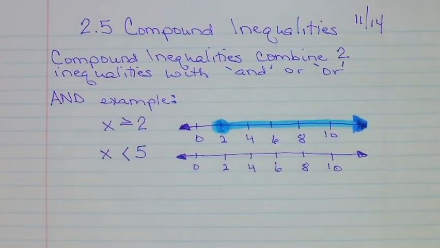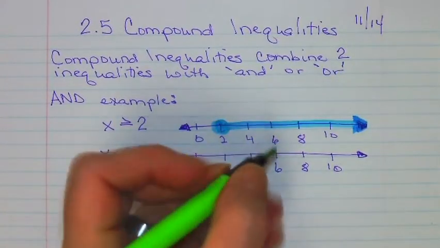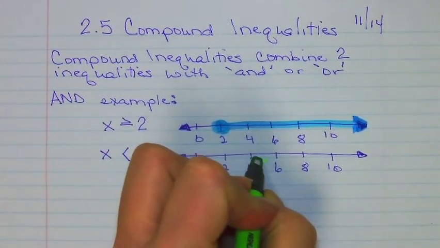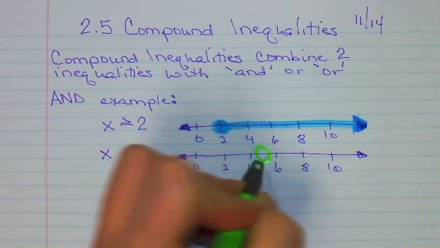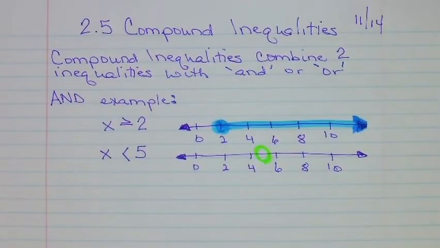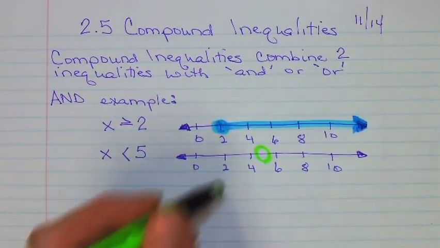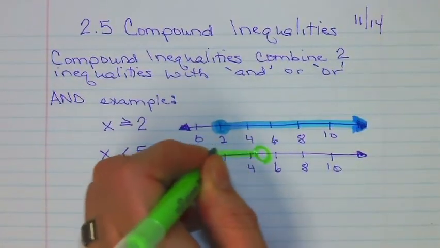So, same areas. This time we're at 5, which is between 4 and 6, but it's not or equal to, it is just less than. So we're going to go this way.